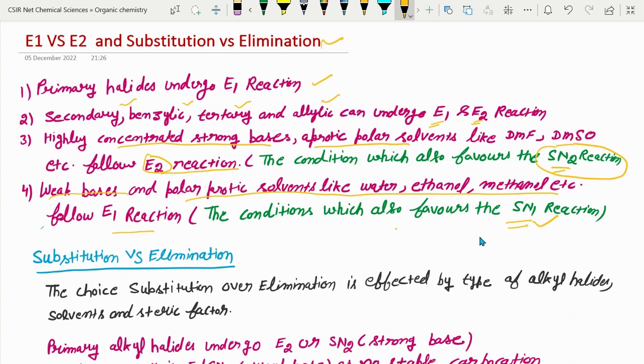So now we have discussed which conditions are suitable for E1 or E2 reactions, and in a similar way, for the SN1 or SN2 reactions, which conditions are suitable.